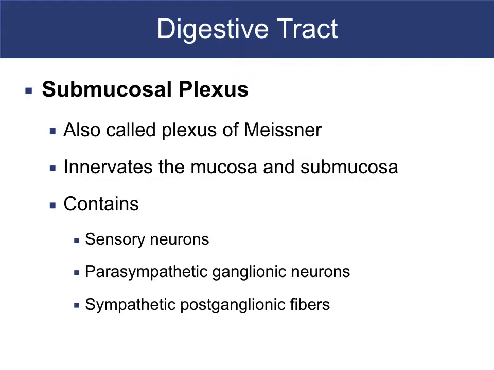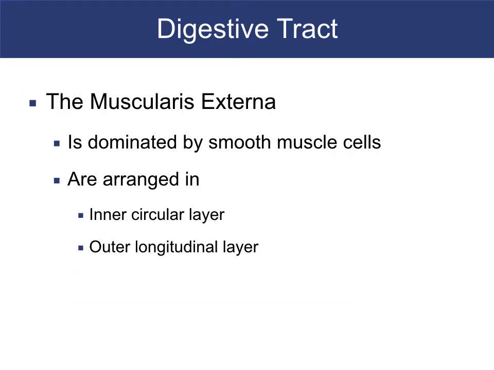So those are the sympathetic ones. All you're seeing is some postganglionic fibers. The parasympathetics, you're seeing some little ganglionic neurons down there, because that's where the last synapse is going to occur.